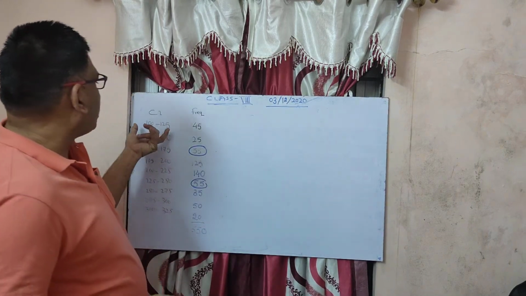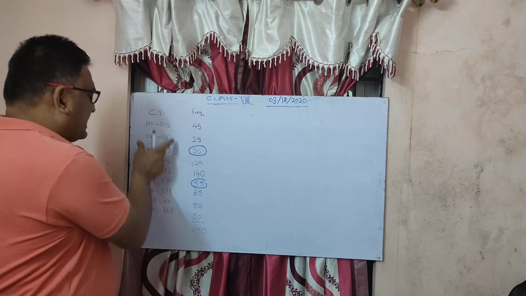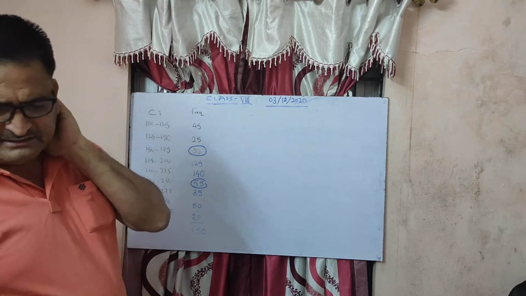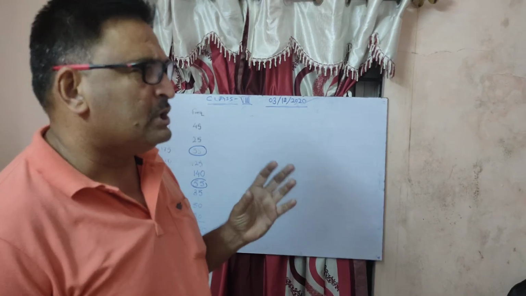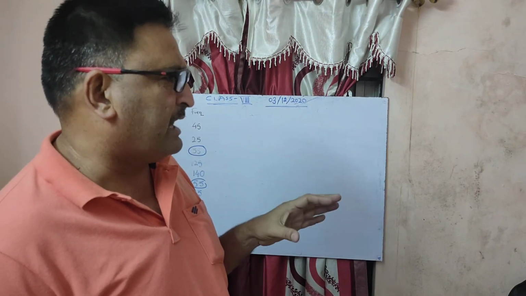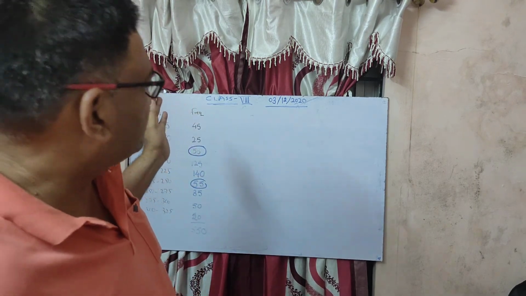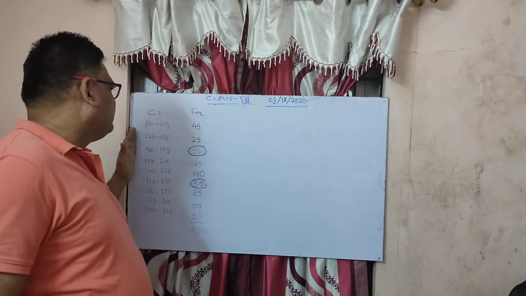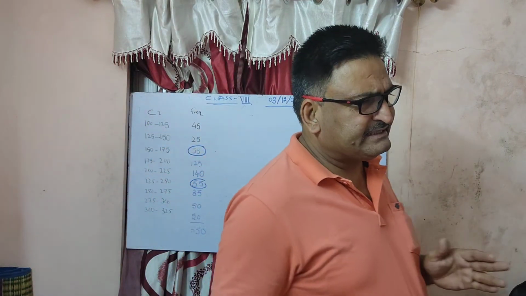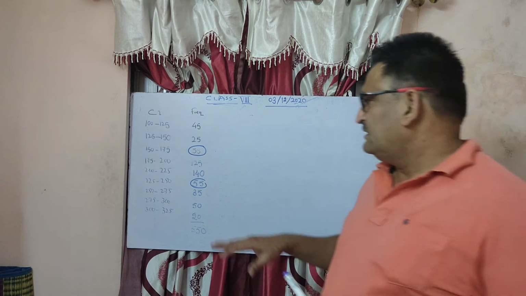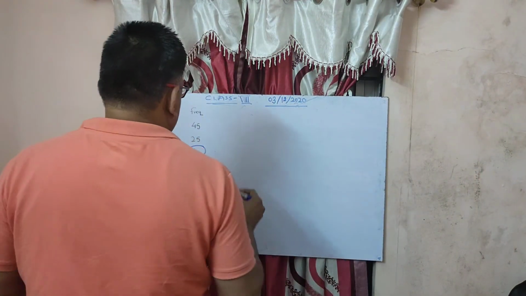If the things are written like this, like class interval, such examples are called grouped data. So grouped data means if a class interval is given and the frequency is given, then we can easily represent this in the form of bar graph. Let us see now how to do it.